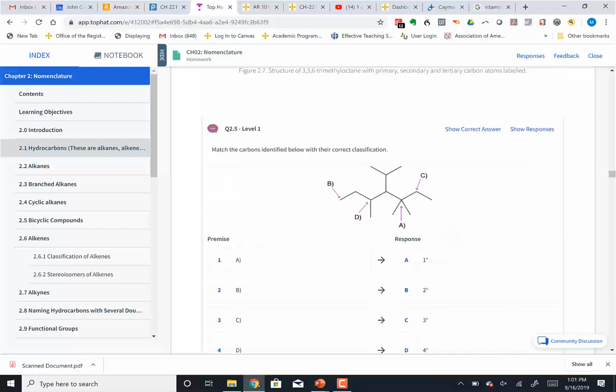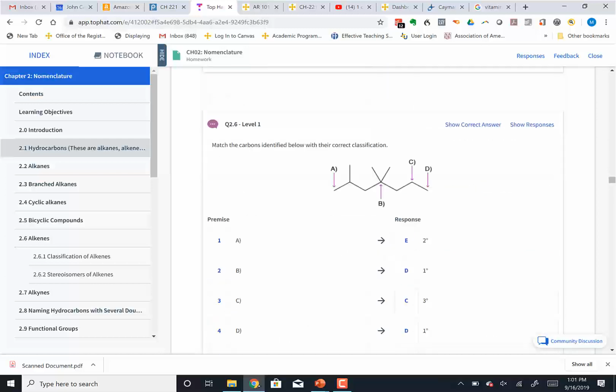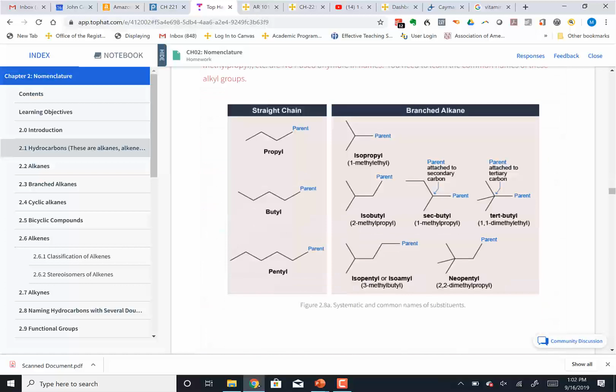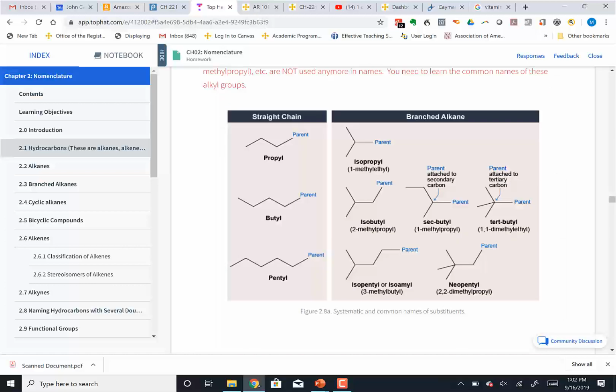So what they did was something that I thought most organic books had gotten rid of, but they didn't. And that is the naming for the branched alkyl groups. So from your book, this is the listing of the branched groups.